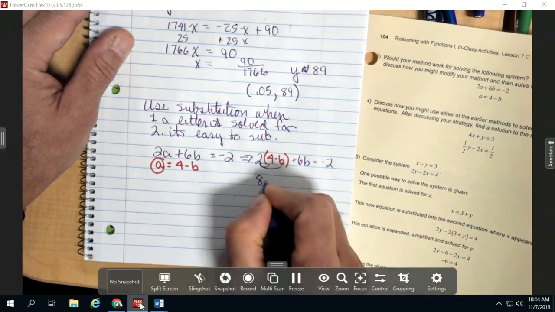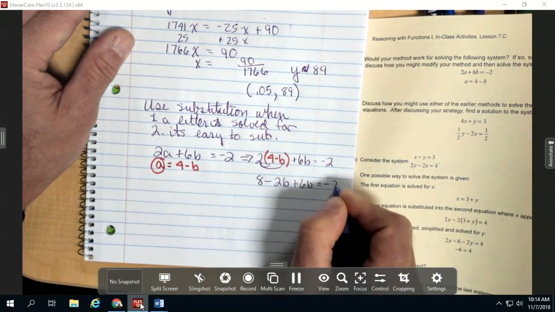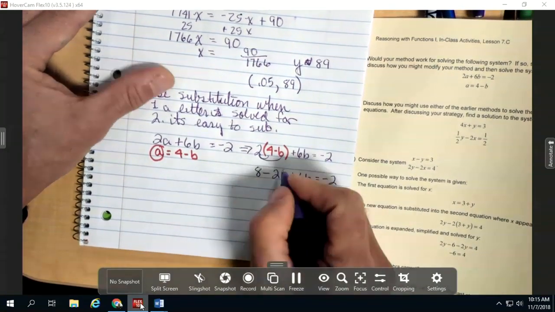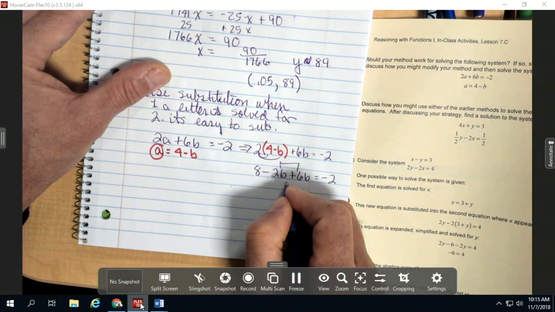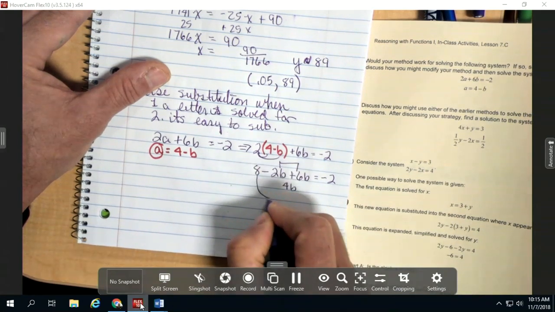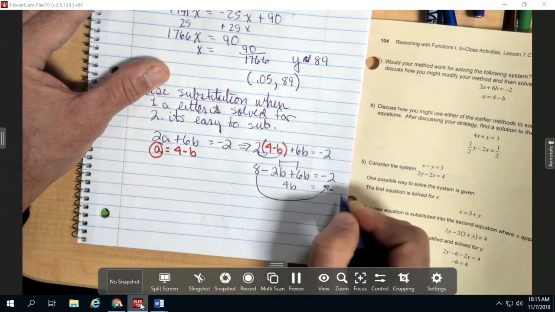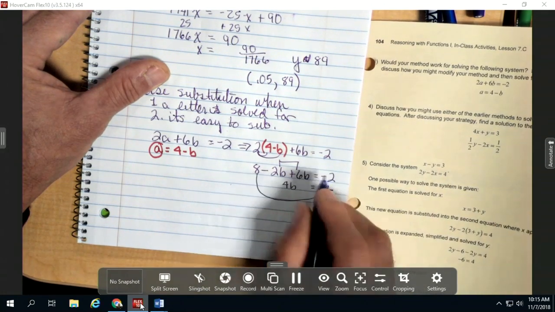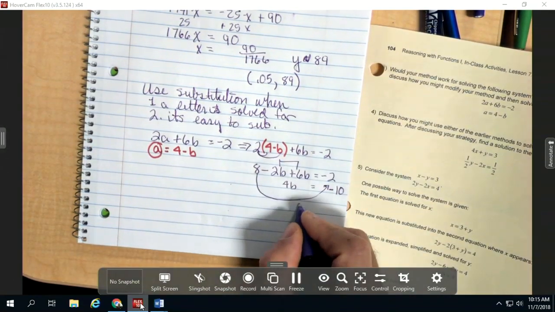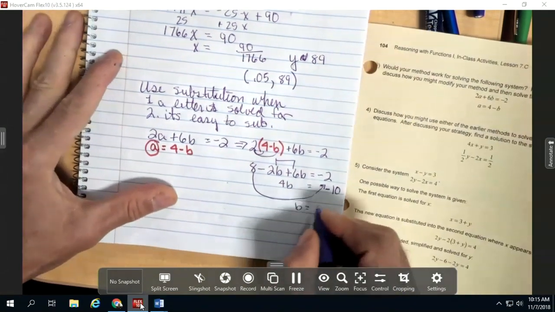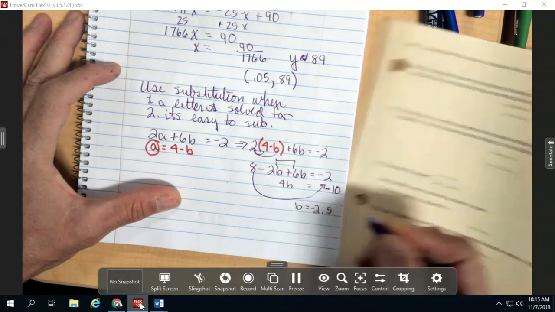You get 8 minus 2b plus 6b equals negative 2. Combine these two, what do you get? 4b. Move the 8 over here. No, it's positive 8 on this side, so it's negative 8 on that side. Negative 10. So b is negative 10 fourths, or negative 2.5.